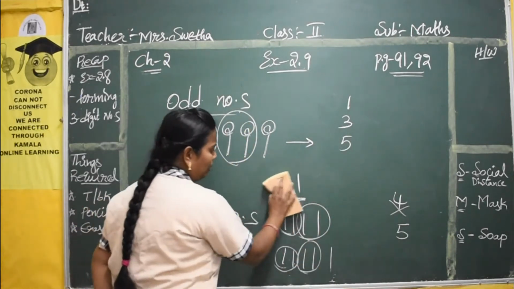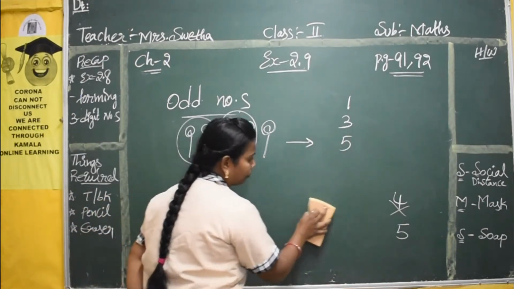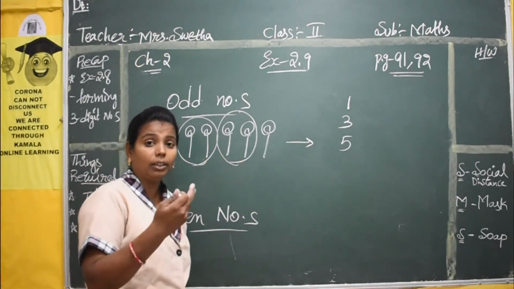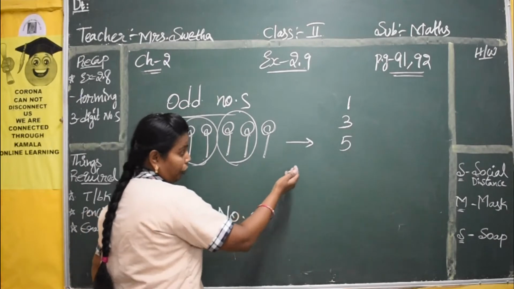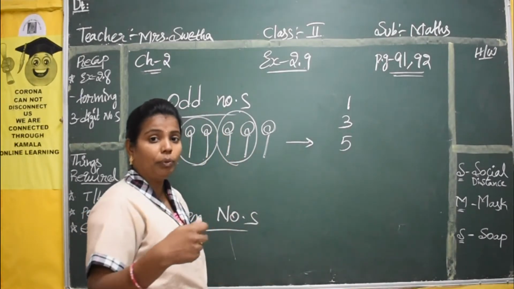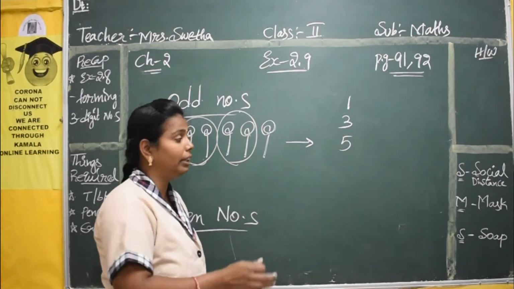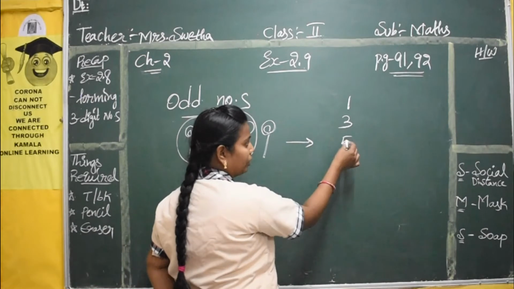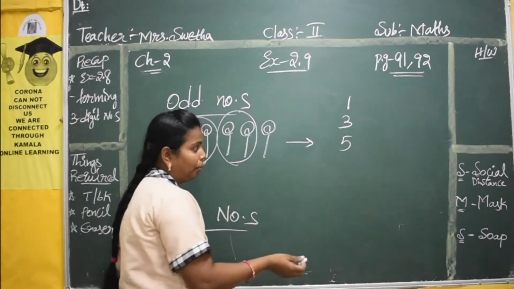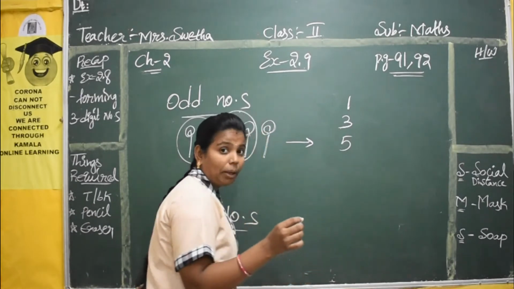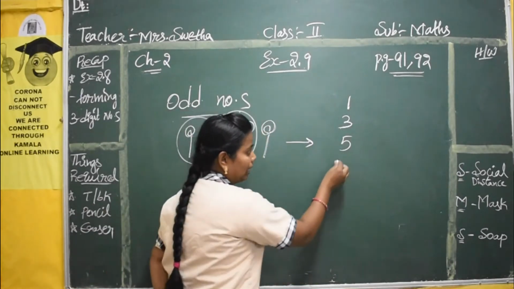Okay, so same like this, whichever numbers you take, if the number is left with 1, if you have any left out number there, that will become your odd number. Like 1, 3 has a leftover number, 5 also has a leftover number. Next to 5, 6 is an even number, so it will not come. 7.